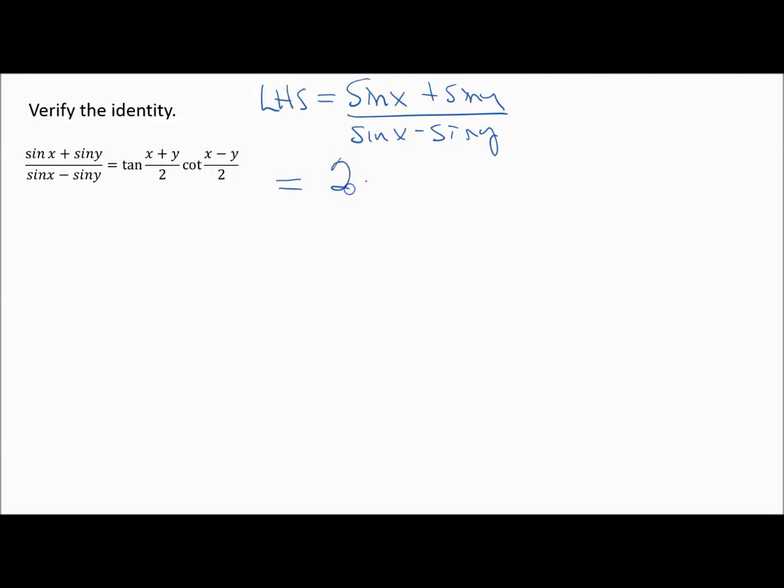So it's going to be 2 sine of x plus y divided by 2 times the cosine of x minus y divided by 2. Being real careful this time, the order matters. x had to be first and then y right here, all over.